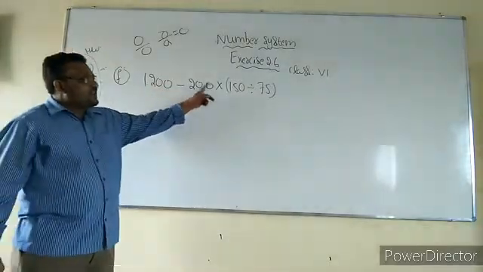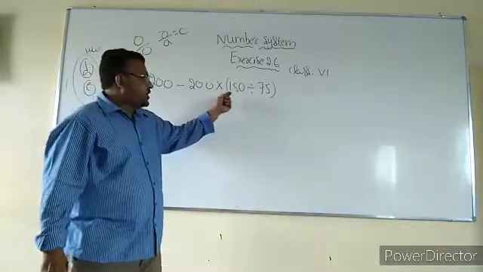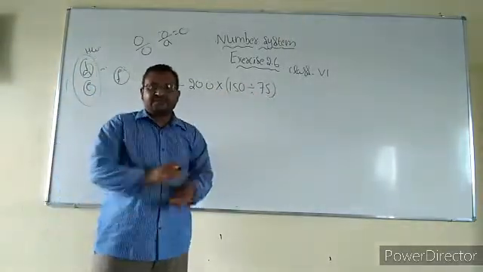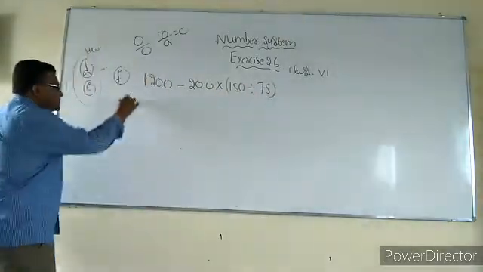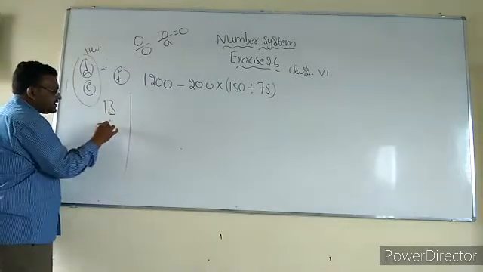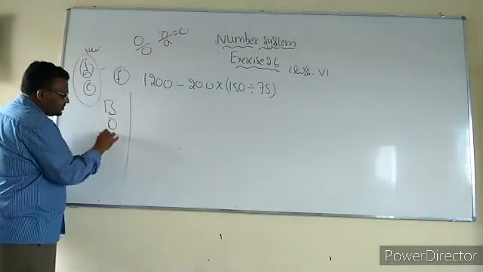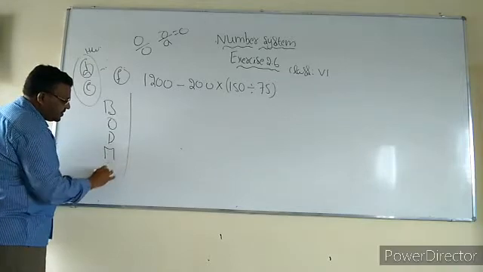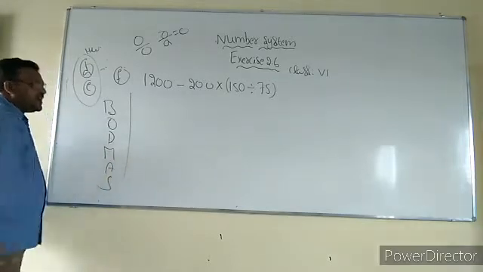F is given as 1200 minus 200 into, in the bracket, 150 divided by 75. According to the BODMAS rule again, we have to simplify. First, the bracket, then division, multiplication, addition and subtraction.